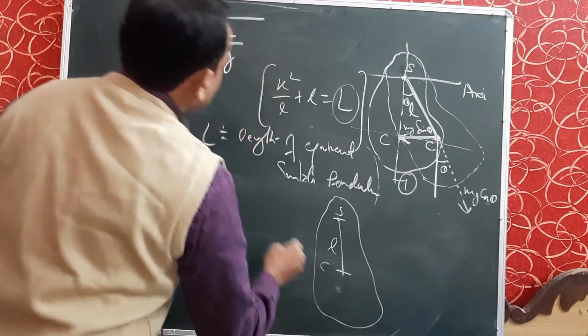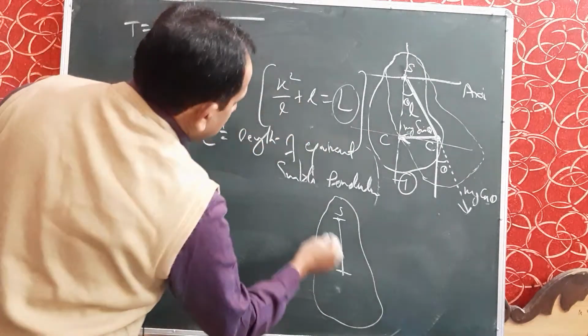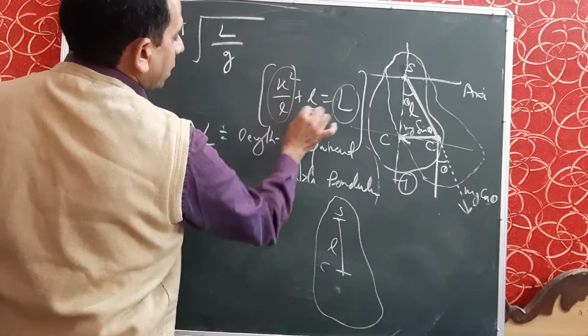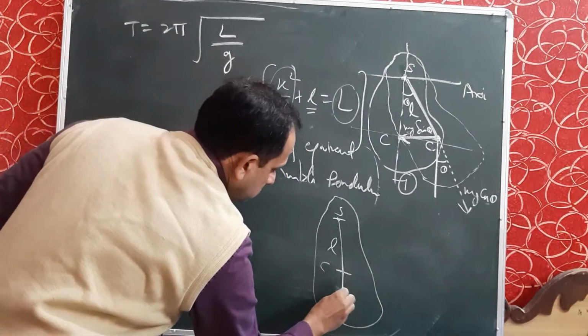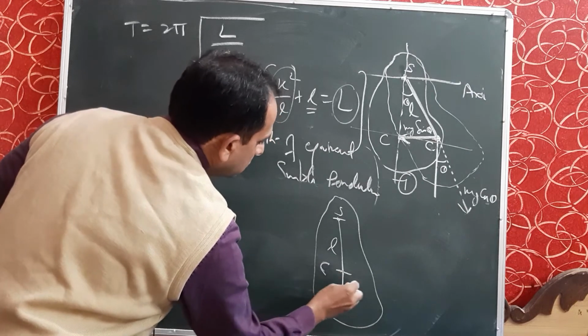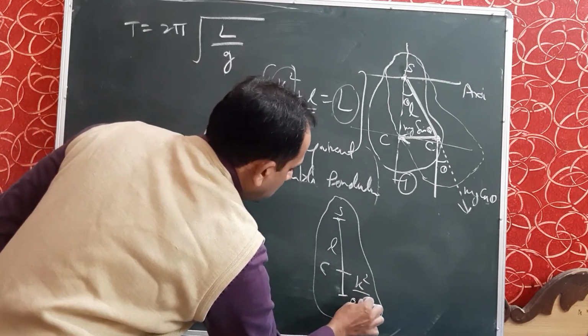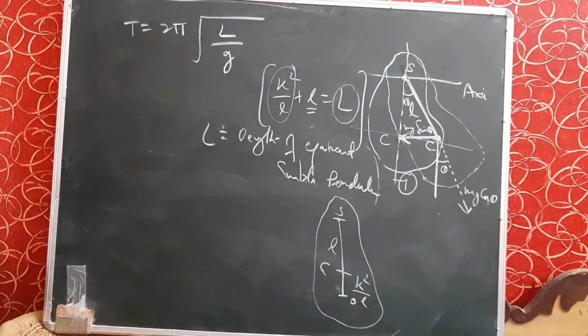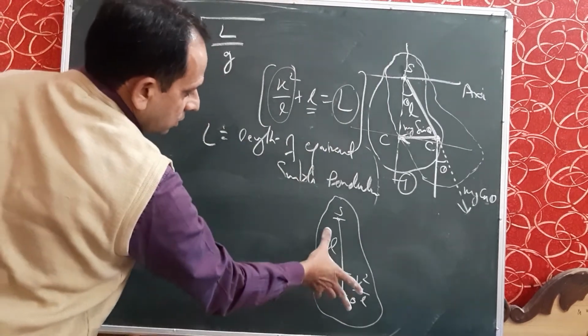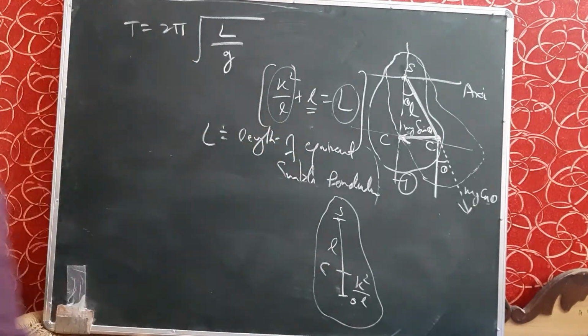But from the formula there is an addition of this extra term to l. This point is O, and CO is k square by l. So this is the additional distance, and the total length is counted as the equivalent length of the compound pendulum.